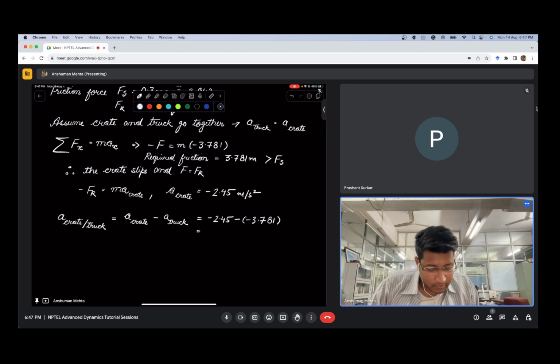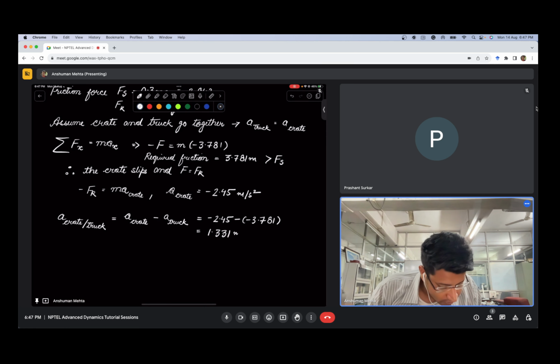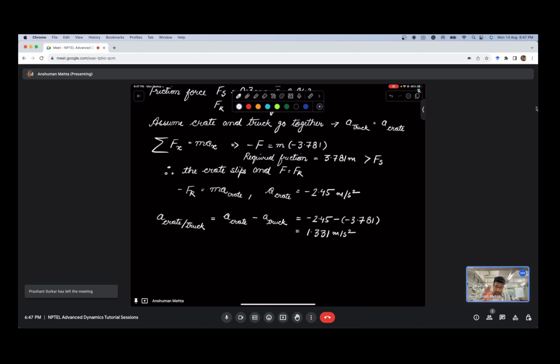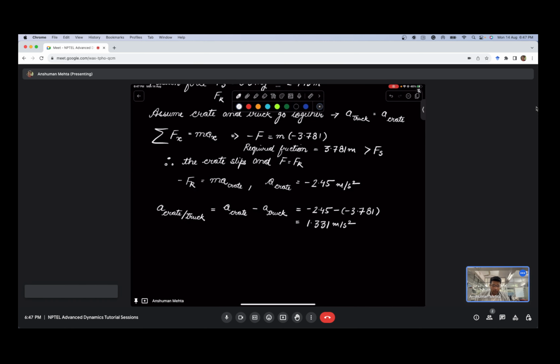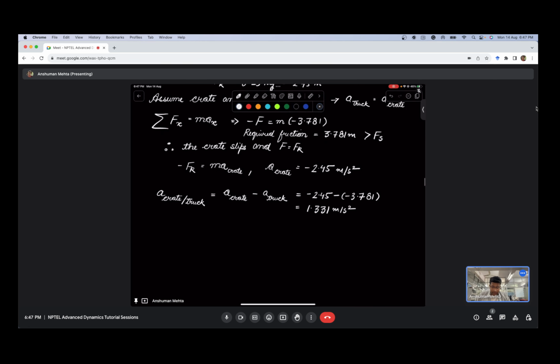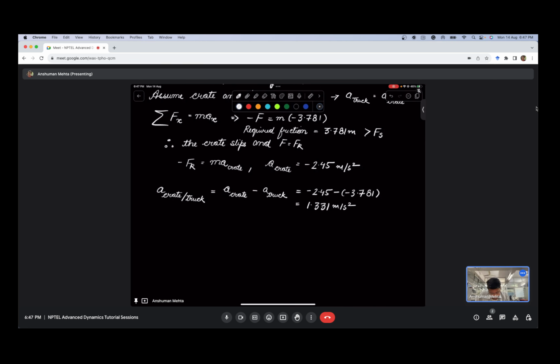So actually, instead of deceleration, the crate will now experience an acceleration in the forward direction. Therefore, the crate slips forward.